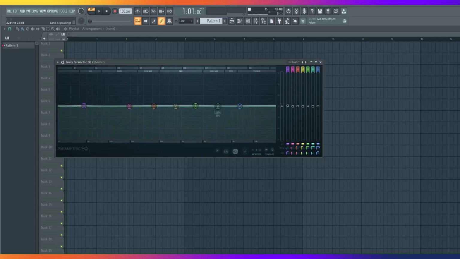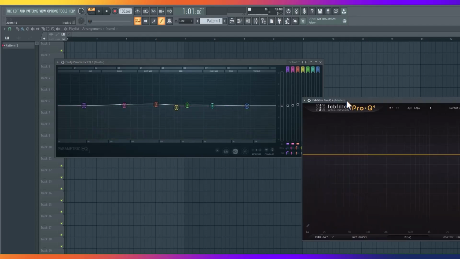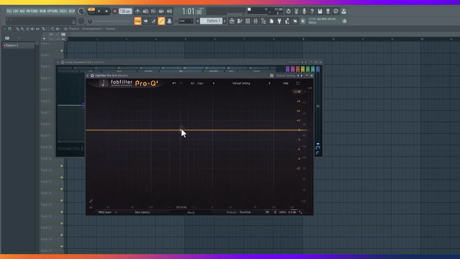That's what the parametric EQ means. Let me also bring in this plugin, FabFilter Q, for the parametric EQ.